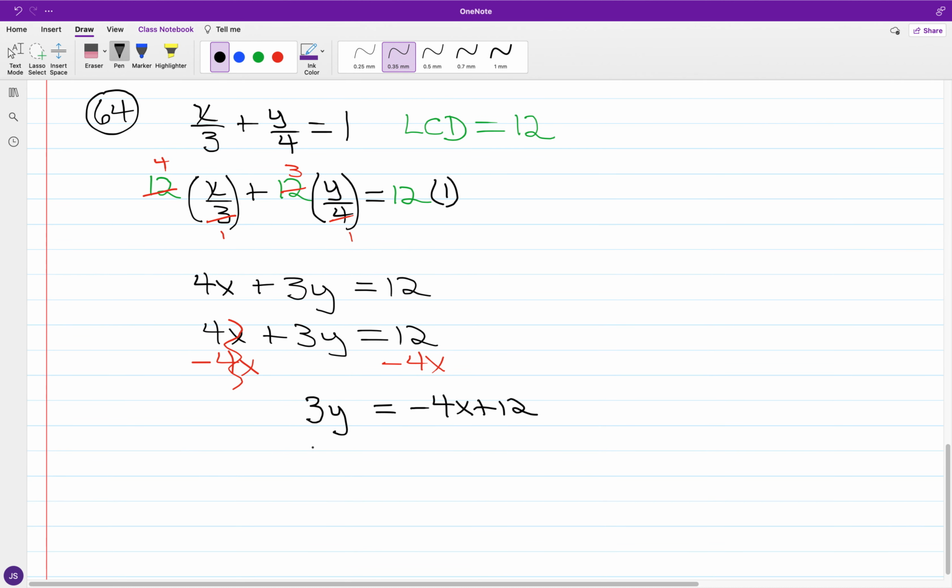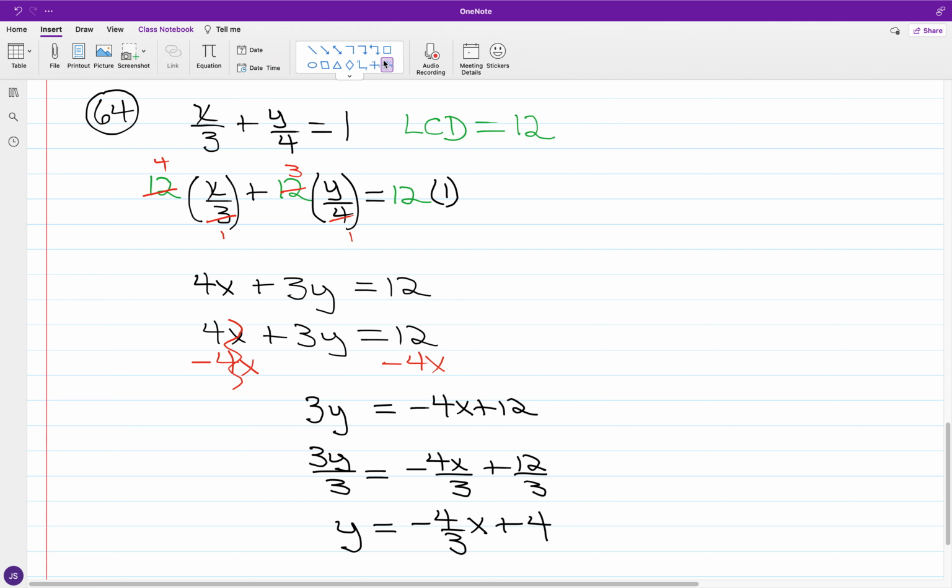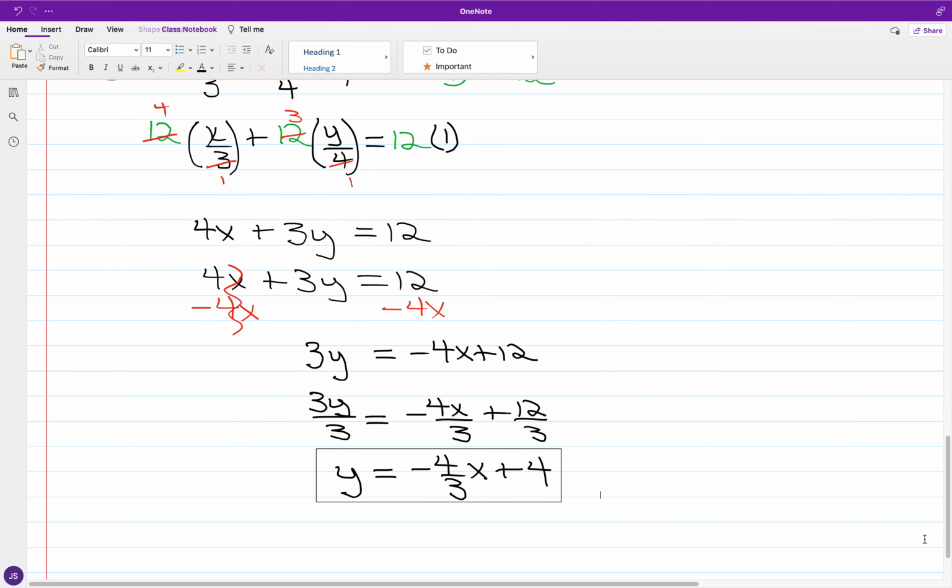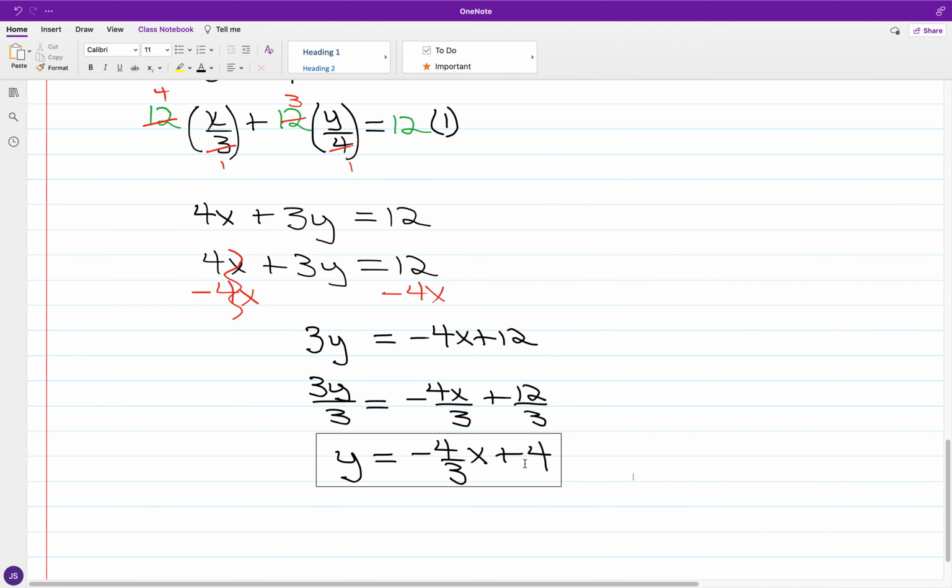And then upon dividing by 3, 3y over 3 becomes y. And we have negative 4 thirds of x, and 12 thirds reduces to 4. And so that would be the slope-intercept equation for what we have provided.